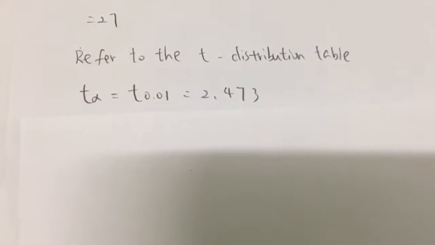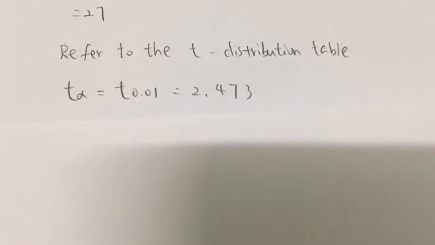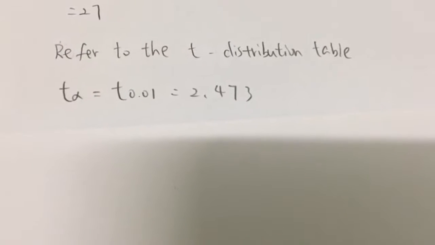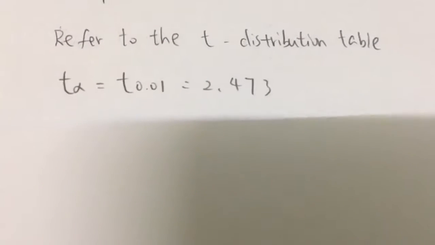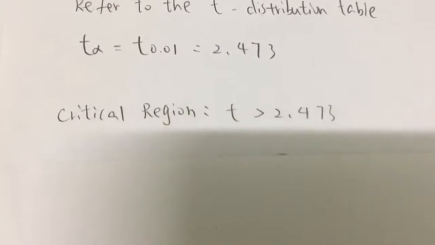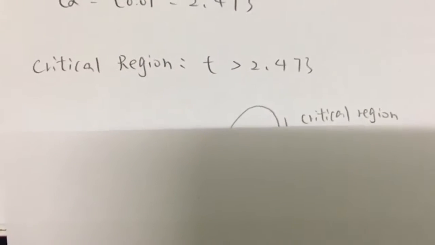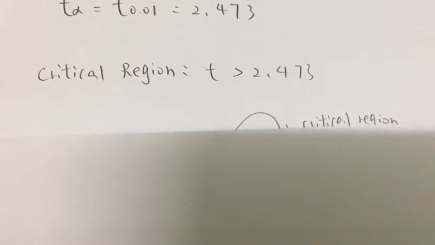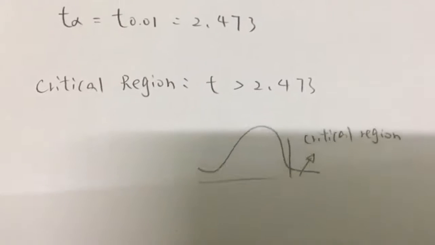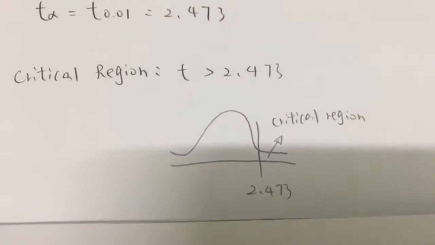Then we can refer to the t-distribution table. t alpha equal to t 0.01 equal to 2.473, so that we know the critical region is t larger than 2.473, just like the graph here.